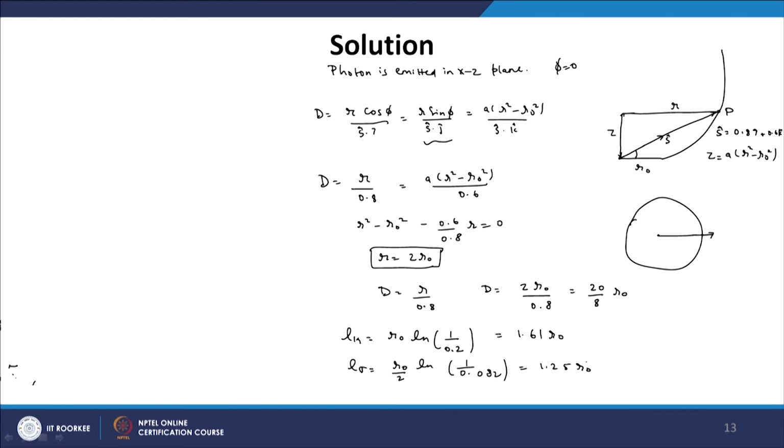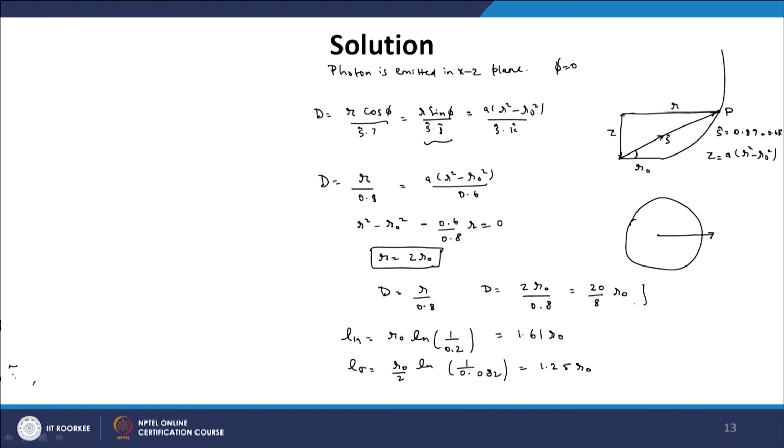Okay. So, the distance needed by a photon before it undergoes absorption is 1.61 r naught, and the distance the photon travels before it undergoes scattering is 1.25 r naught, while the total distance travelled by the photon before it hits the surface is 20 by 8 r naught, which is much larger than these values.